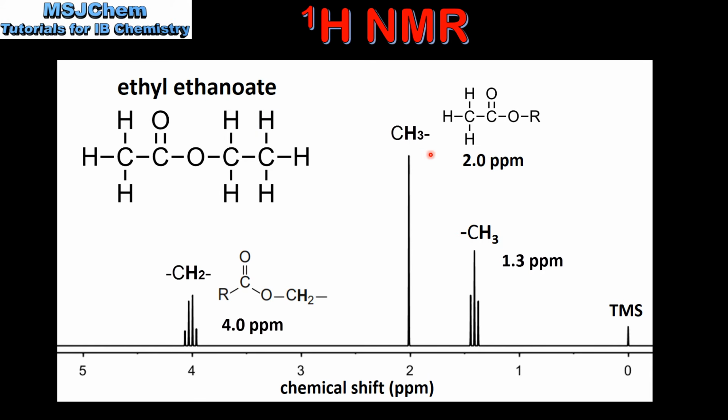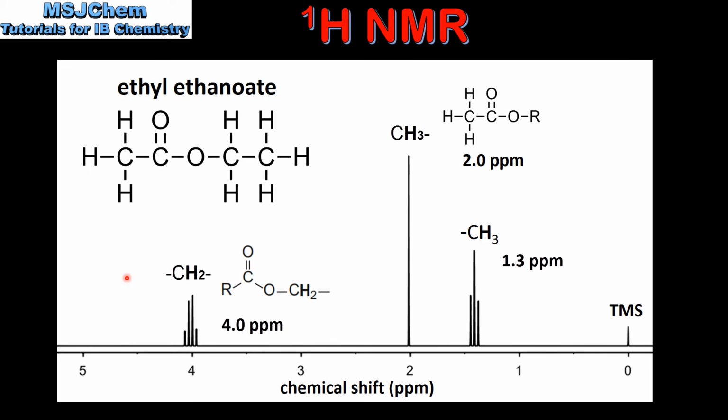The next peak has a chemical shift of 2.0 ppm. This chemical shift corresponds to the 3 protons in a CH3 group that's bonded to an ester group. The next cluster of peaks has a chemical shift of approximately 4.0 ppm. This chemical shift corresponds to the 2 protons in a CH2 group that's bonded to an ester group.